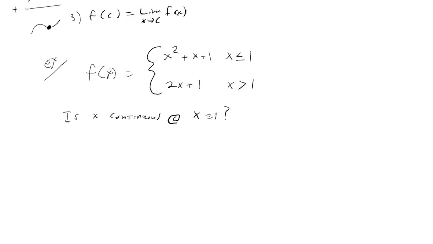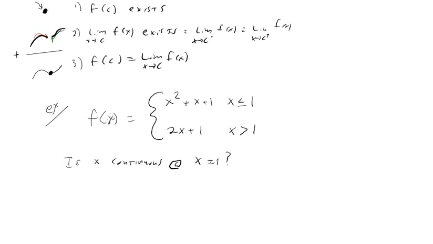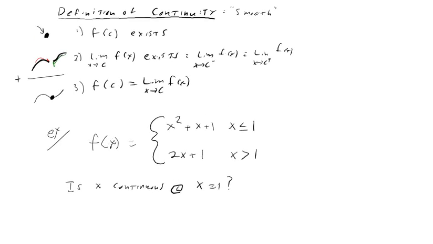How do we know? Well, we have to check our three pieces. Does the point f of c, c in this case is 1, does f of 1 exist? Do we have a location? And then we test our limit. Does our limit exist from the left and from the right? And are they equal? Three tests.